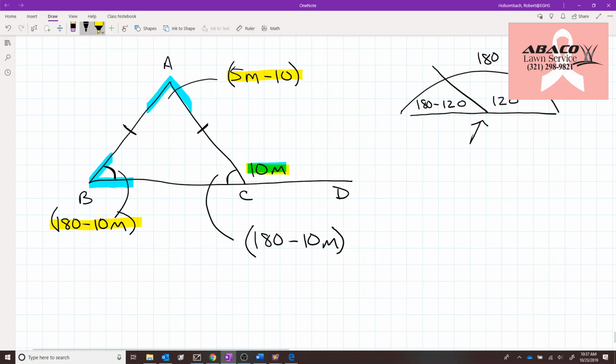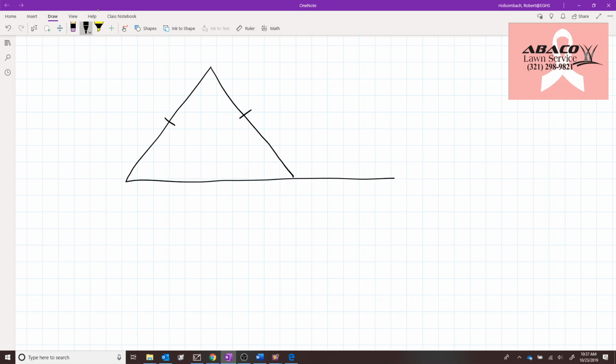Alright, and one other reminder before I give you this study guide. If you're given this picture in a different application, and this angle is 4x plus 5, and this exterior angle is 12x, I said earlier that in an isosceles triangle, if the two legs are congruent, then the angles opposite those legs are also congruent.